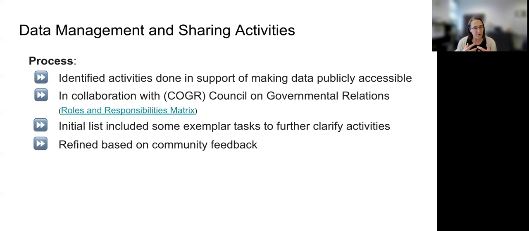When we came up with our version 1 list, you'll see in the links that Alicia shared, the early version included some example activities, and not just activities, but tasks that represent those activities. Ultimately, those were removed from the final version of the list, but you may find those early lists useful if you want some specificity.